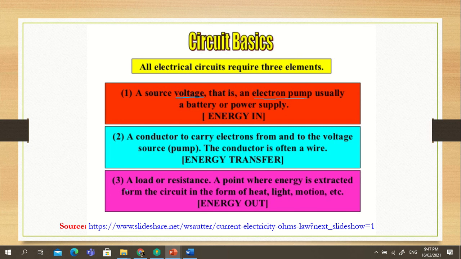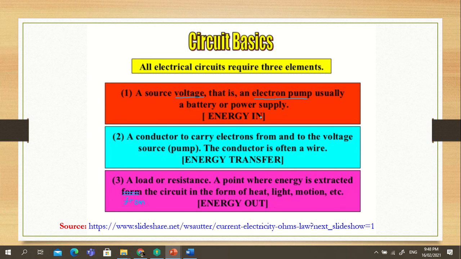Sorry, this should be from the circuit, in the form of heat, light, motion, etc. This is what we call energy out.